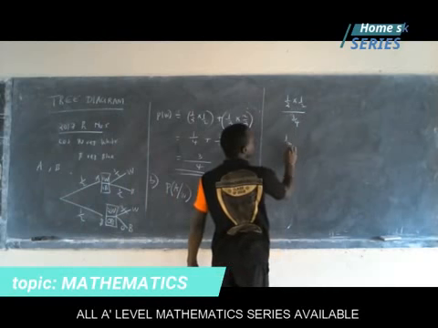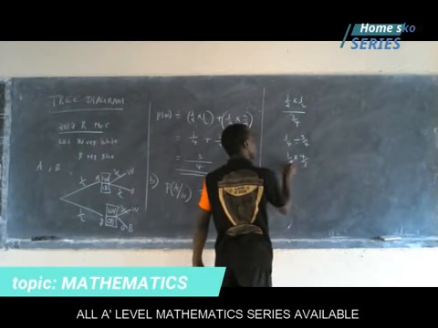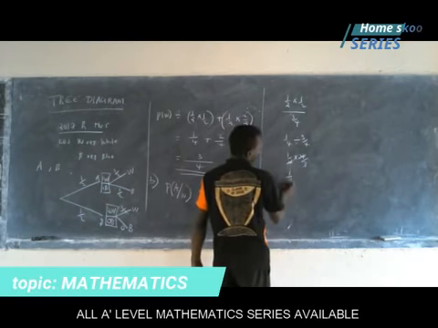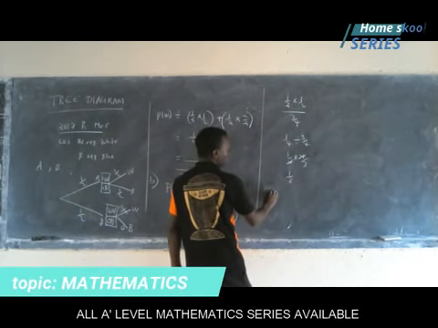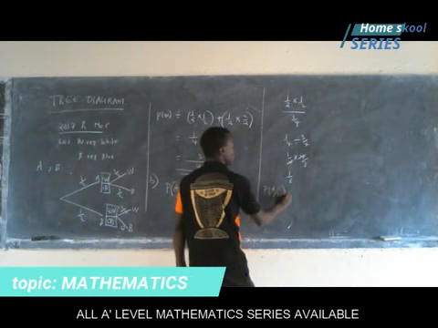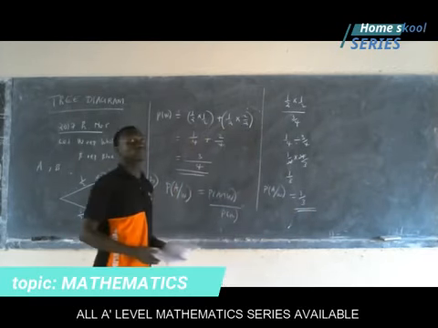This becomes a quarter divided by 3 over 4, which becomes a quarter times 4 over 3. This will cancel, giving us a third. Therefore, the probability of getting a ball from A, given it is white, is 1 divided by 3.